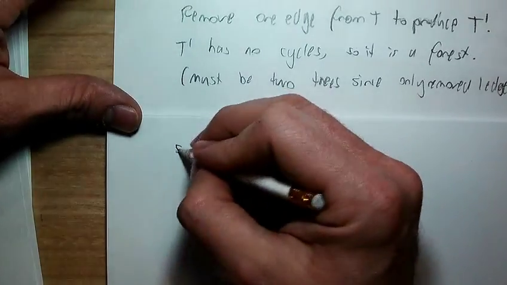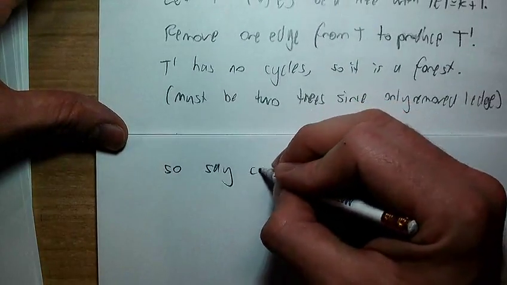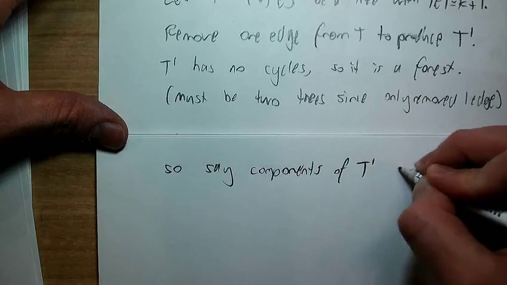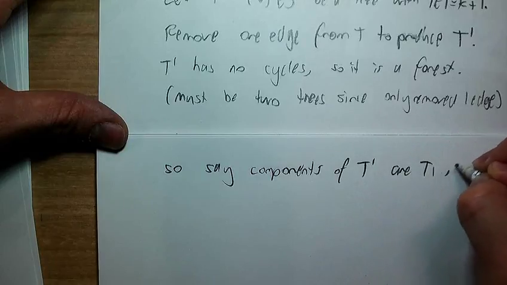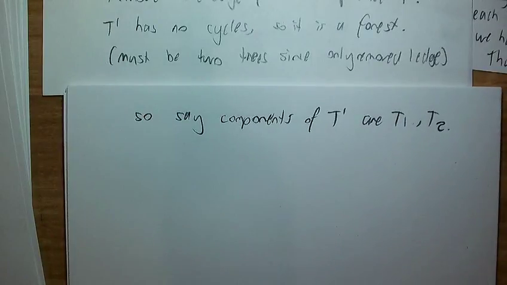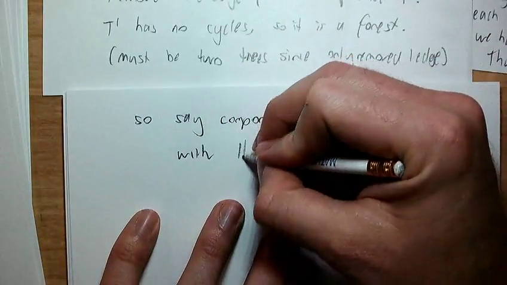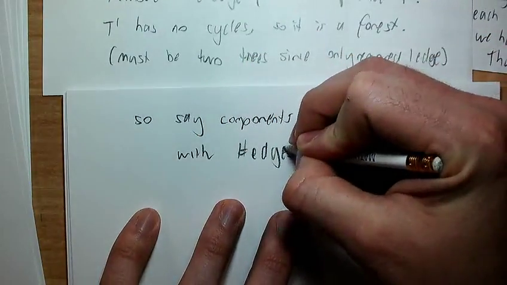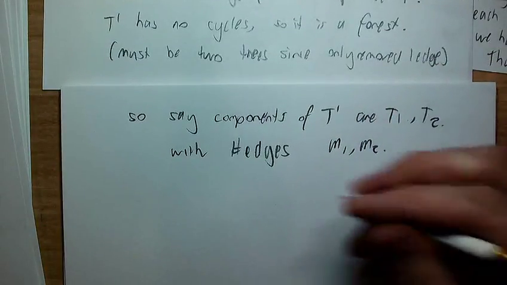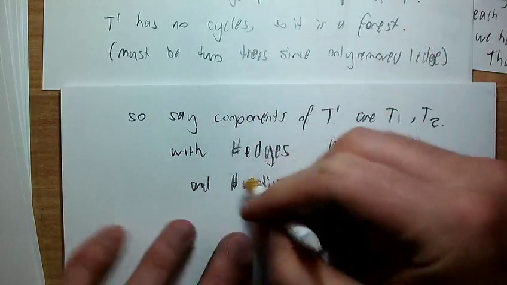Okay. So say the components of T dash are T1 and T2, with number of edges M1 and M2.